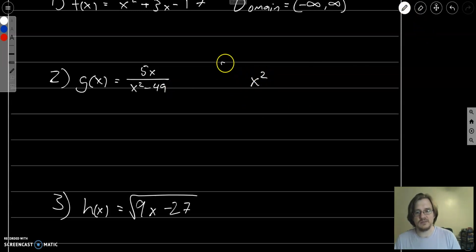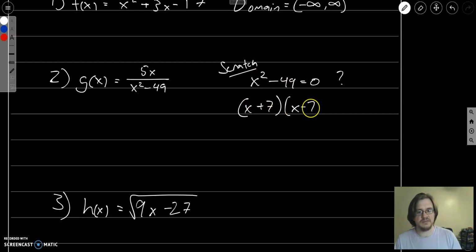So I've got my scratch work off to the side. If I take x squared minus 49, I want to know when is this equal to 0? This is factorable, so this will just be x plus 7 and x minus 7. We've got the nice x squared minus 7 squared.